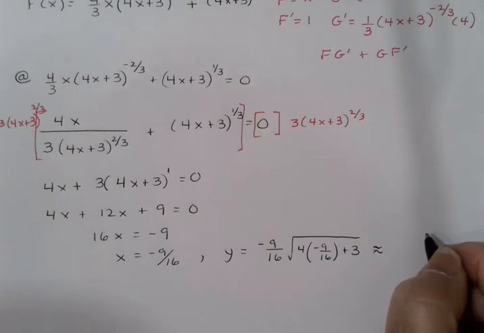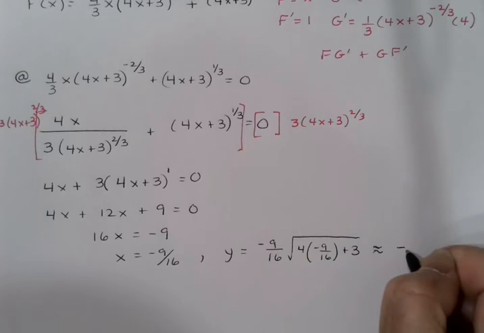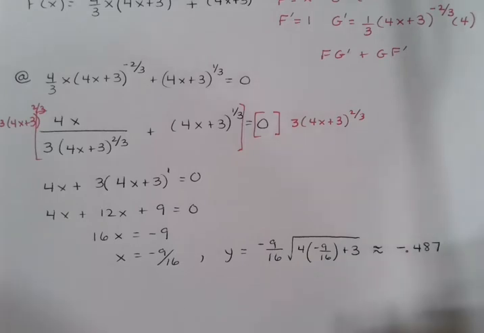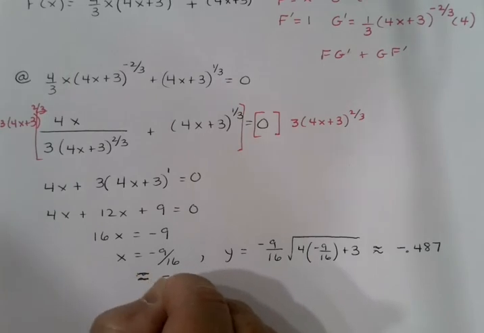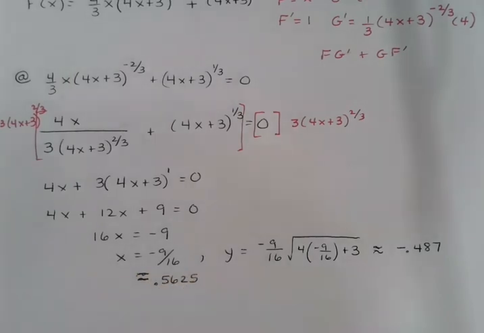I ended up with about negative 0.487. So as long as I'm going decimal, let's do the negative 9/16 as well. Actually, that's equal to negative 0.5625. So the point at which the graph has a horizontal tangent is negative 0.5625, negative 0.487.